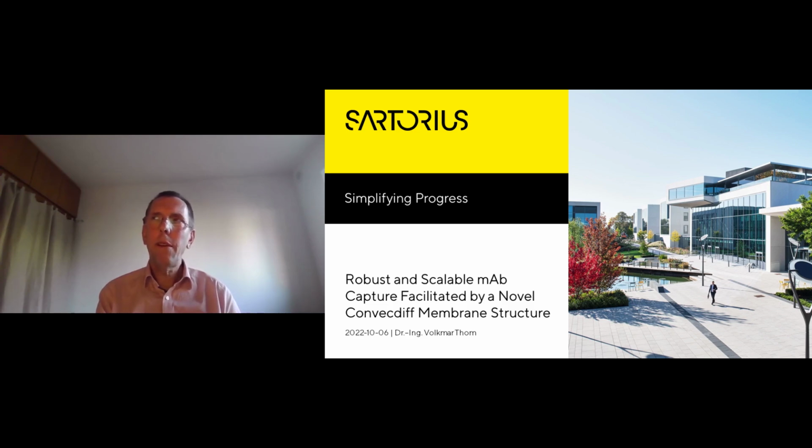We have seen very nice data for example, very low titers, where you can save a lot of time and gain productivity because of the fast capture step that you can perform with this membrane compared to a resin. There is no pronounced relationship here between titer and dynamic binding capacity that we have seen.